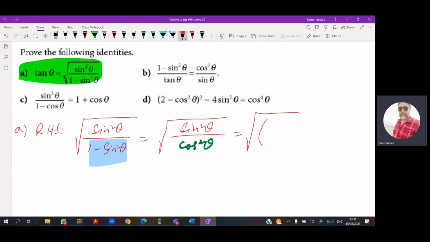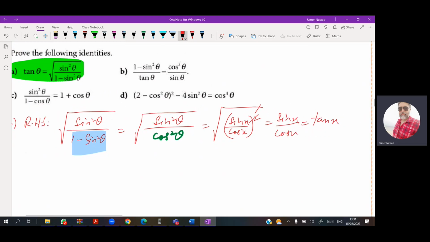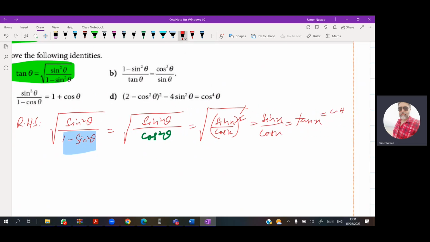And I write the square root of sine x over cosine x, squared. The square cancels with the square root. I get sine x over cosine x, which is equal to tan x. And that proves it equals the left-hand side.